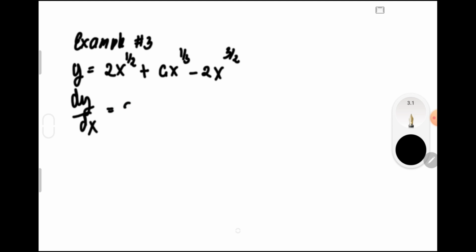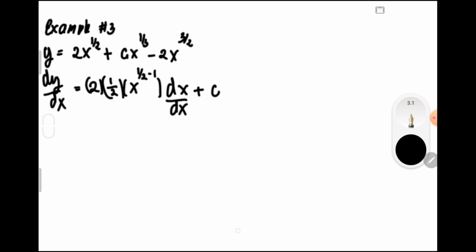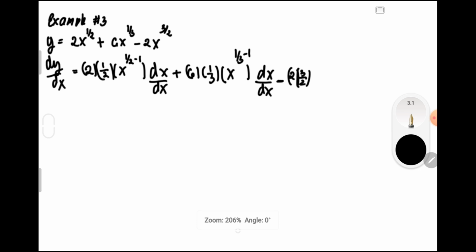Wherein we'll have a value equal to 2 multiplied by 1 half x raised to 1 half minus 1 dx over dx plus 6 multiplied by 1 third multiplied by x raised to 1 third minus 1 multiplied by dx over dx minus 2 multiplied by 3 halves multiplied by x raised to 3 halves minus 1 dx over dx.